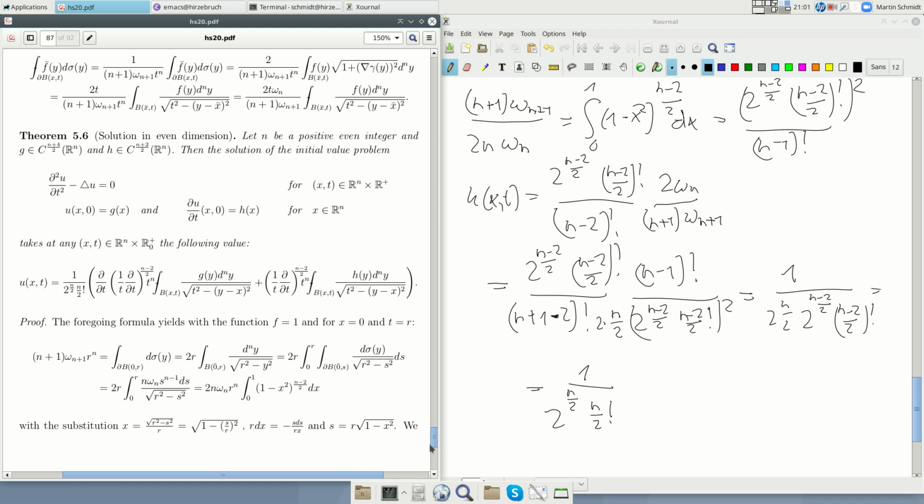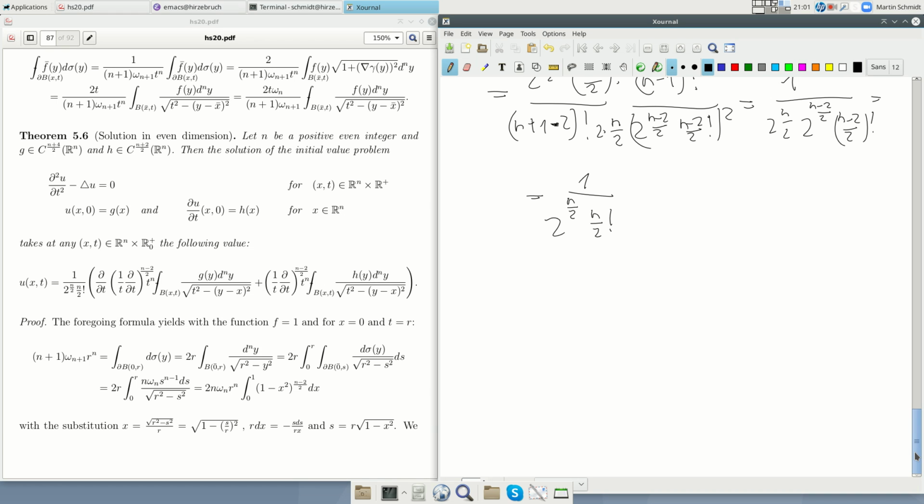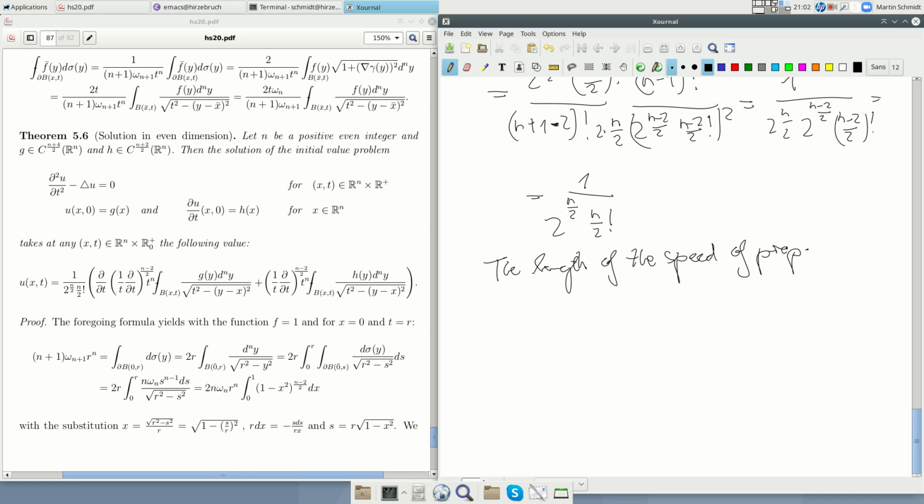And of course again, by this formula we see the speed of propagation is bounded.